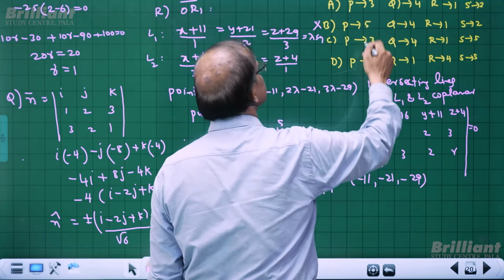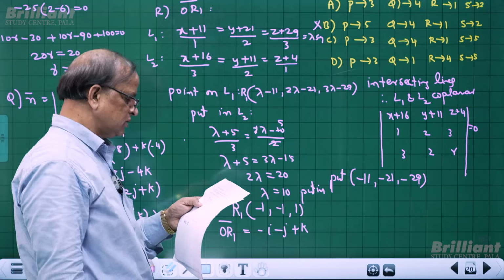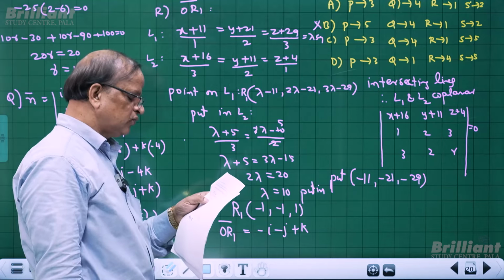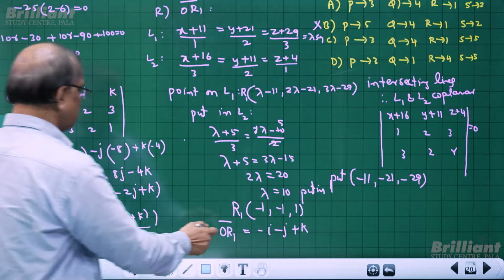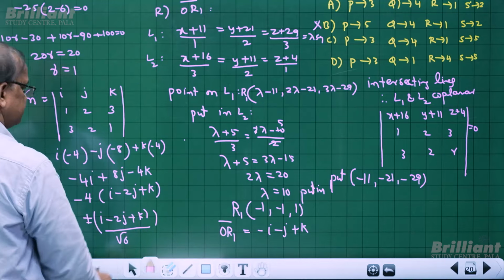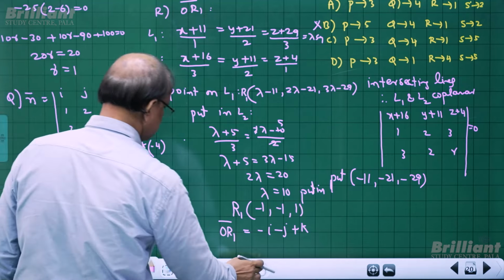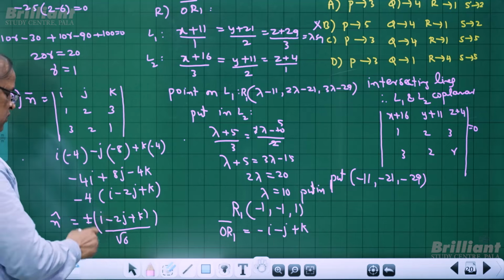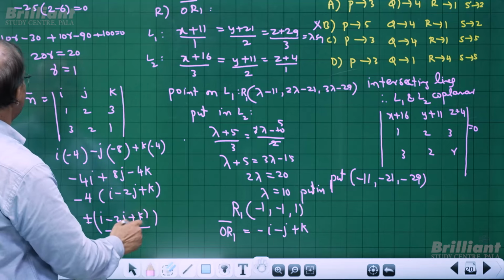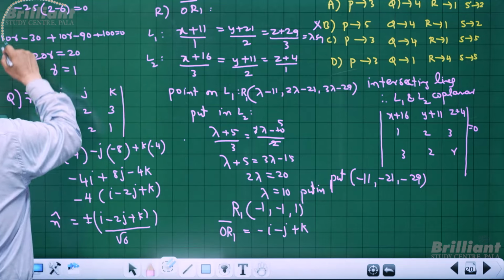So, for S, find a possible value of OR1 bar dot n bar; this is n bar here. So, these two dot, I will remove this here.